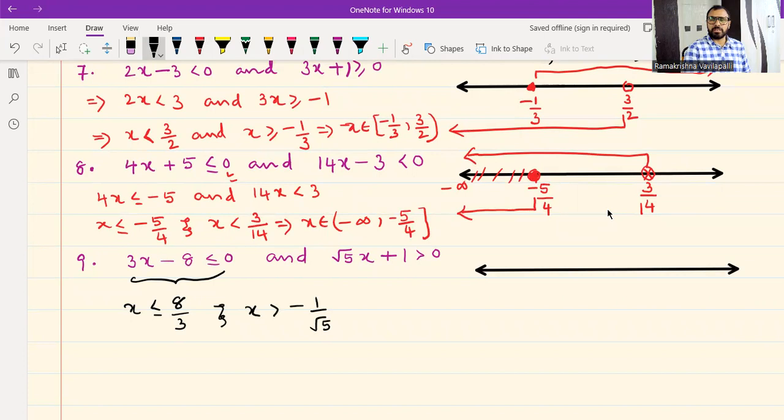So even without putting on the real number line, you can write the solution directly. Minus 1 by root 5 less than x less than or equal to 8 by 3. So this implies x belongs to open interval minus 1 by root 5 to closed interval 8 by 3.